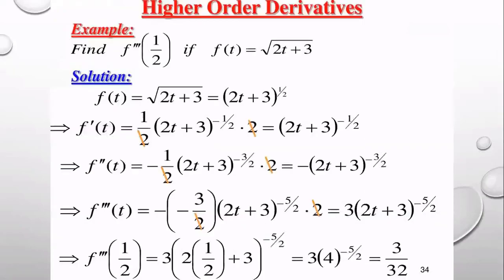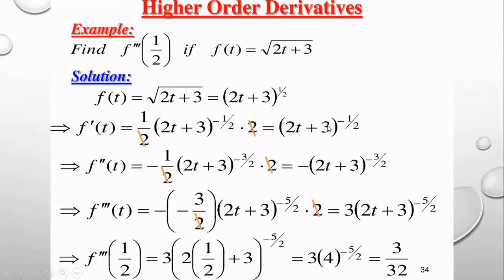So here you will see f3 of half, if f(t) is root of 2t plus 3. Root of 2t plus 3 is to the power half, then half comes down as minus half. Inside function we want to differentiate, that's why 2 is there, 2 cancel.